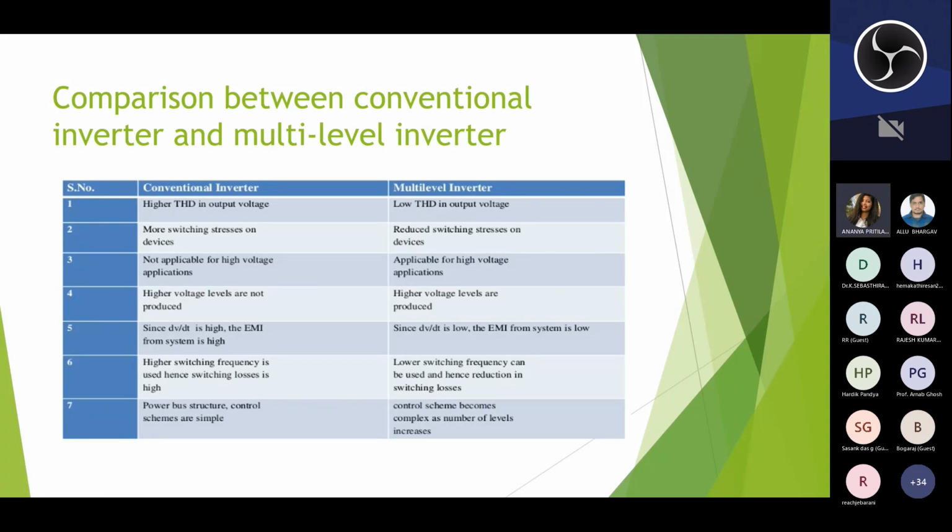Now I have also compared and observed the differences between the conventional inverter and multi-level inverters.